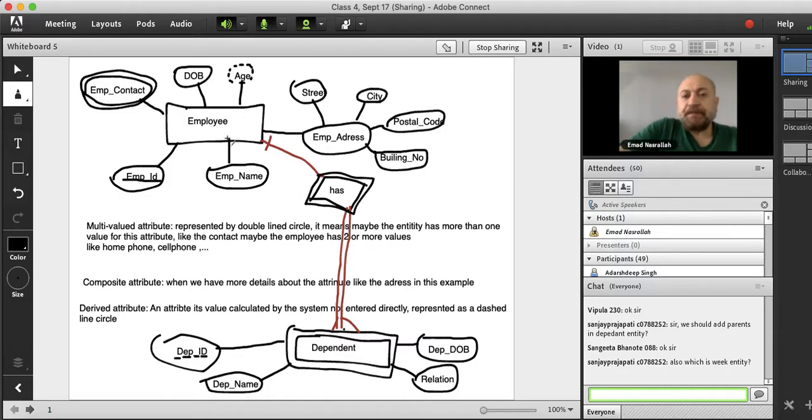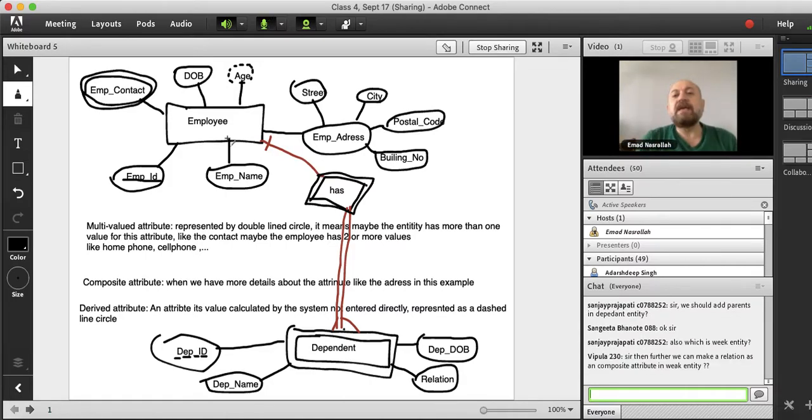Any entity which is related to another entity, where the entity exists because of the other entity, this is weak. How to know if it's weak or not? You must think this entity is here because of another entity. That's a weak entity.